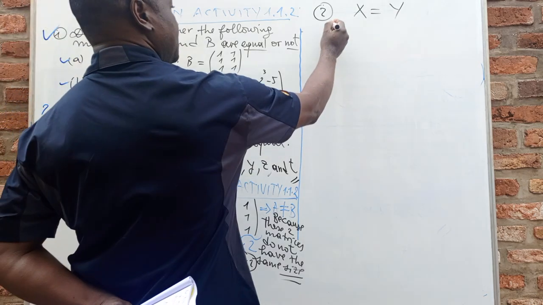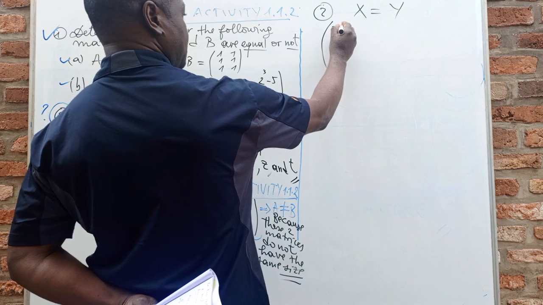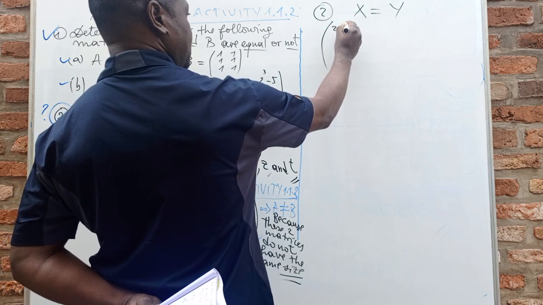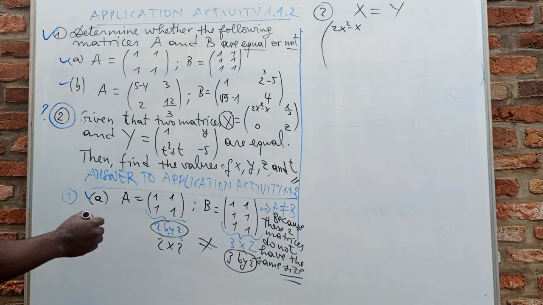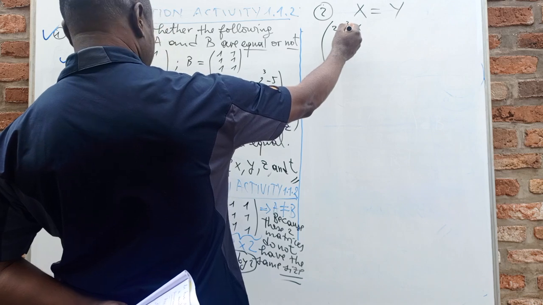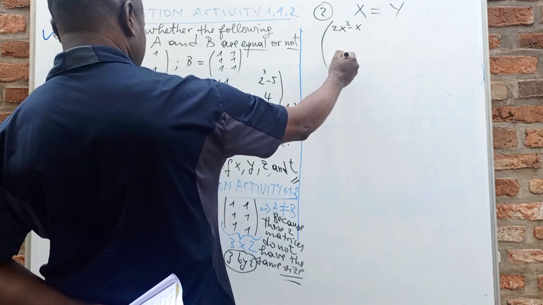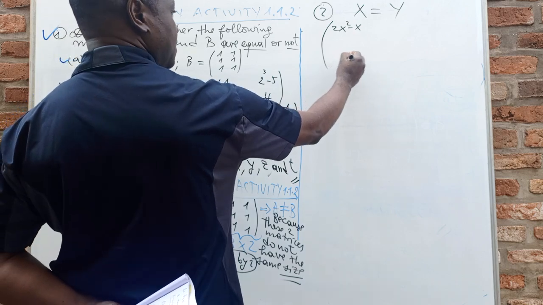So first row, first column, 2x squared minus x; second row, first column, we have 0.